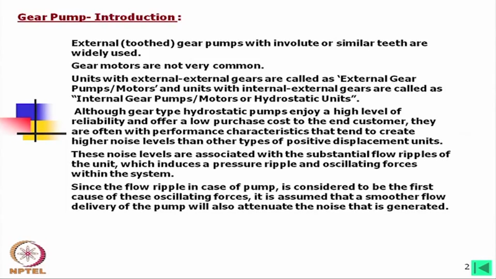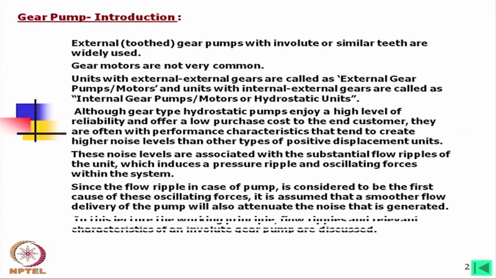Since the flow ripple in case of pump is considered to be the first cause of these oscillation forces, it is assumed that a smoother flow delivery of the pump will also attenuate the noise that is generated. In this lecture, the working principle, flow ripple and reliable characteristics of an involute gear pump are discussed.